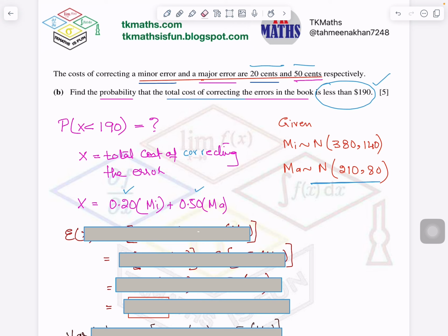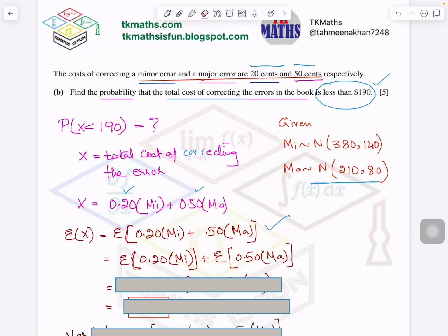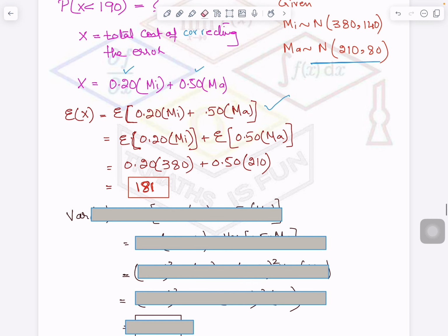Now I have to find the mean and variance of X. You can see very clearly here. It is the same. Separately I'm doing it here, and then simple calculation. Similarly for this X, I will find the variance.